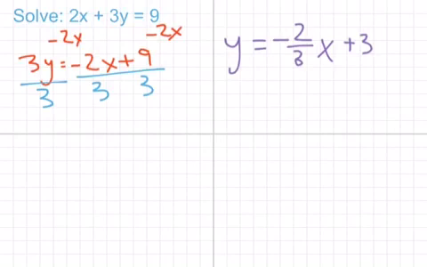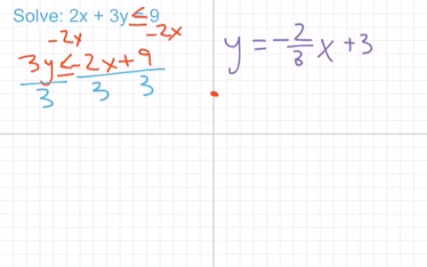Now just for the moment, we're going to change it to this equal sign, and we're going to graph it. So it looks like our y-intercept is 3, so we're going to go up 1, 2, 3.